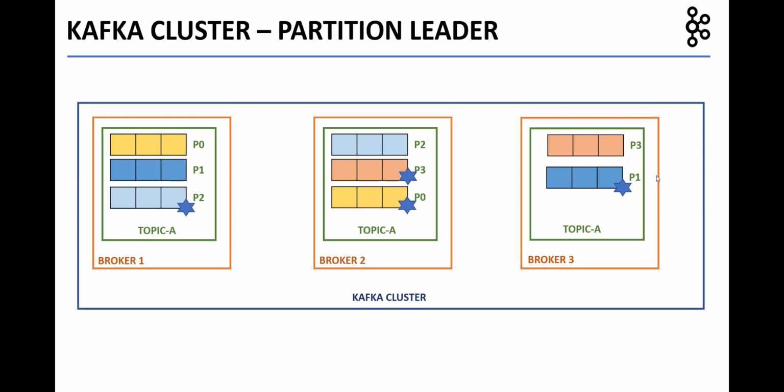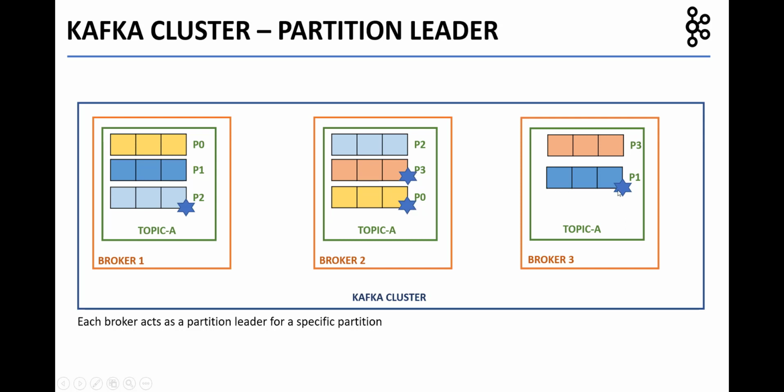Now, let's take a look at the concept of partition leader. Each broker acts as a partition leader for a specific partition. For example, broker 1 is a partition leader for partition 2. Broker 2 is a partition leader for partitions 0 and 3.